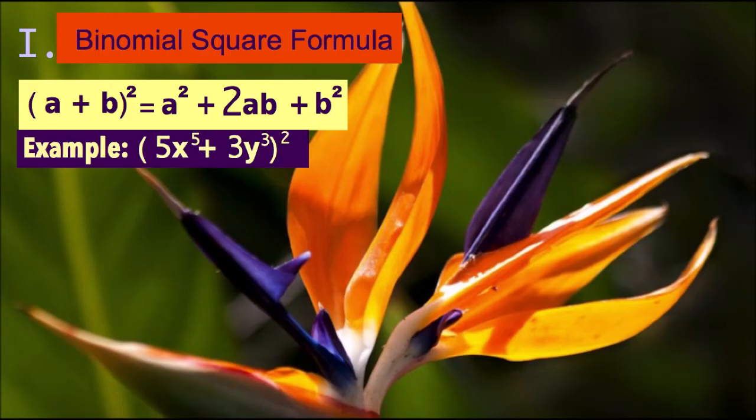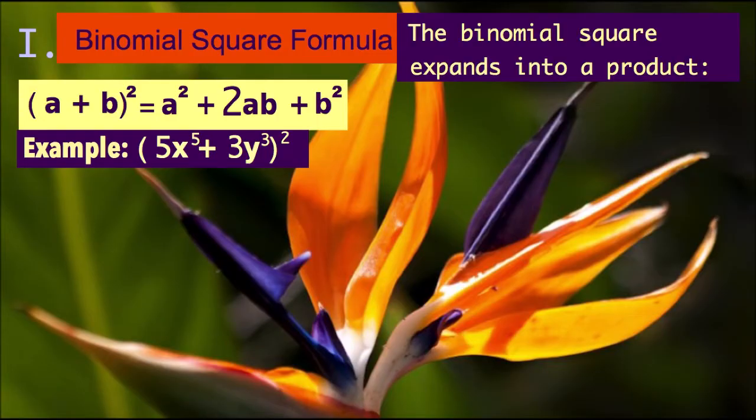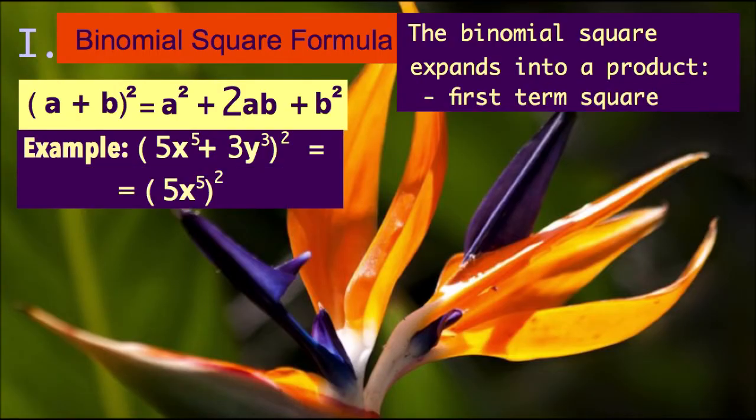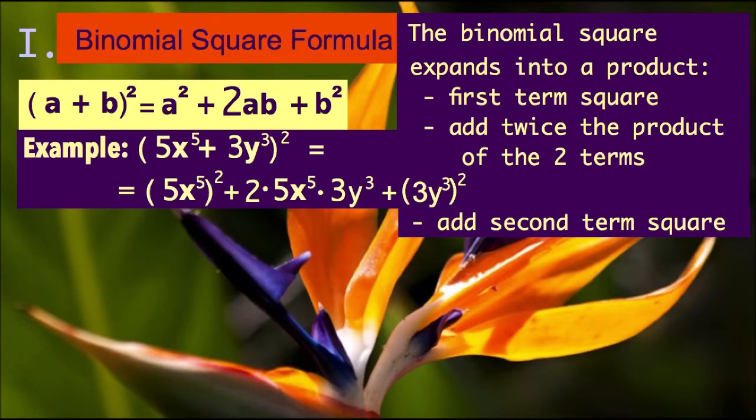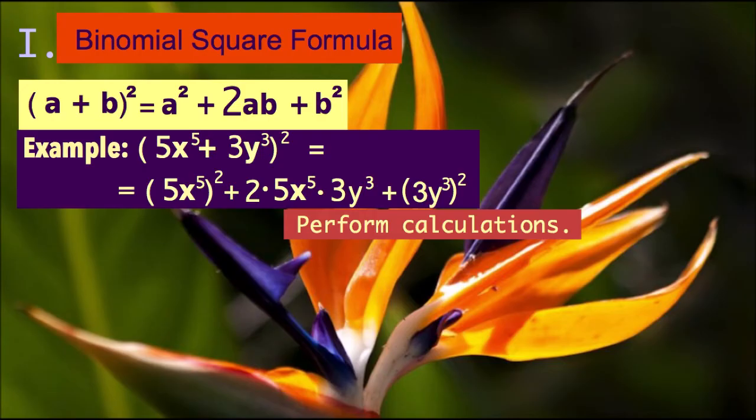An example. The quantity 5x to the fifth power plus 3y cubed, everything squared. The binomial square expands into a product by squaring the first term, 5x to the power 5, everything squared, and then adding twice the product of the two terms, 2 times 5x to the fifth times 3y to the third, and then adding the second term squared, plus 3y cubed, everything squared.